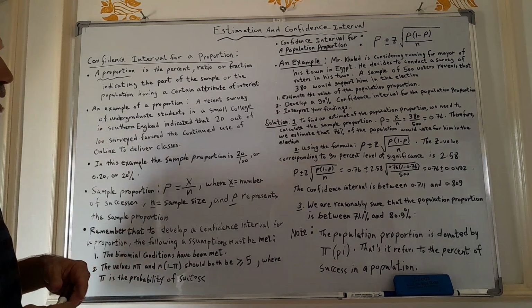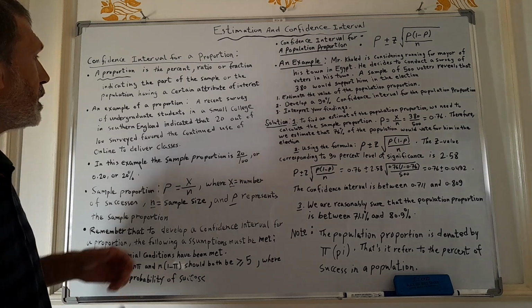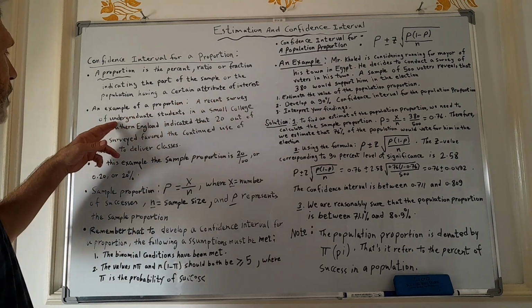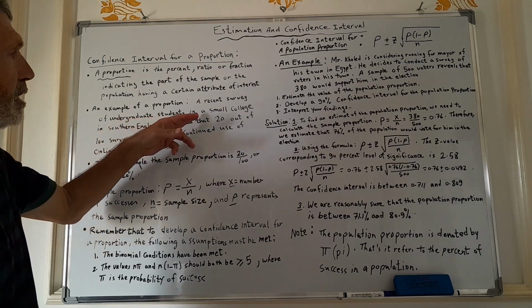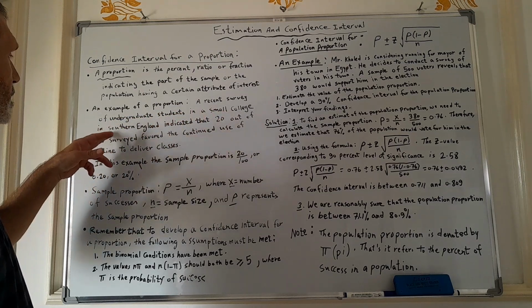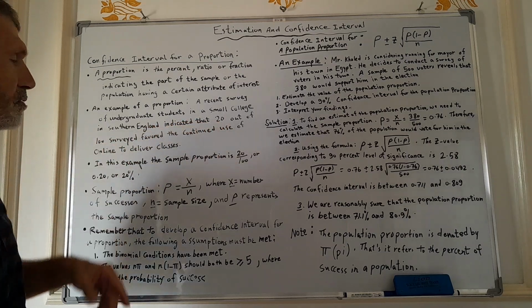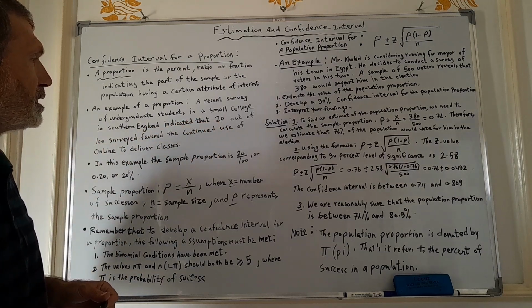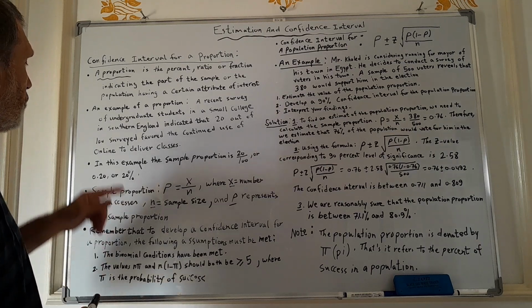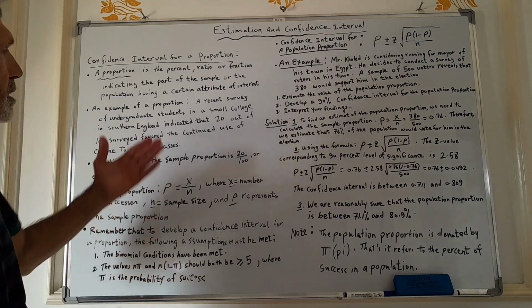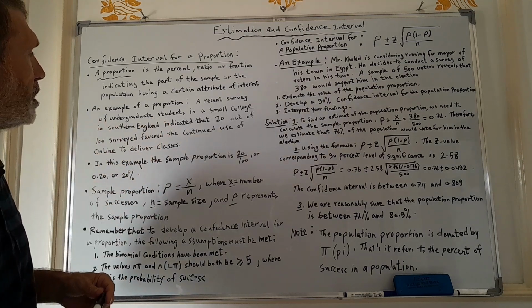Now, an example of a proportion, for instance: a recent survey of undergraduate students in a small college in southern England indicated that 20 out of 100 surveyed favored the continued use of online delivery of classes. So this is an example of a proportion.